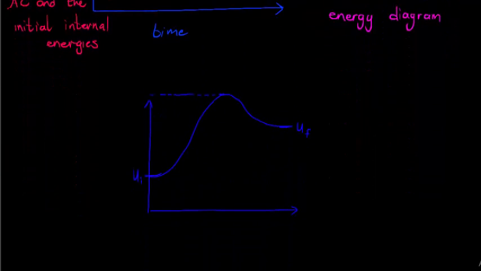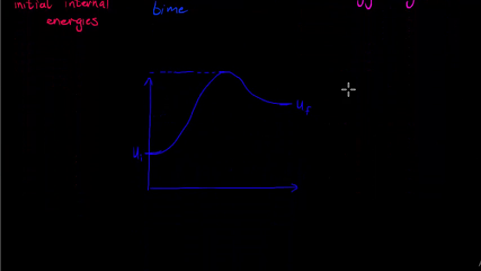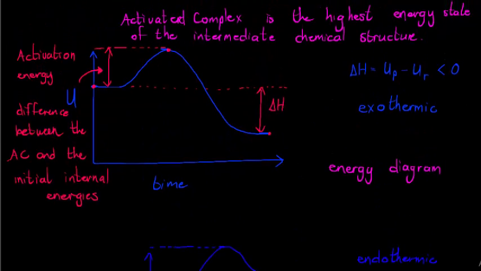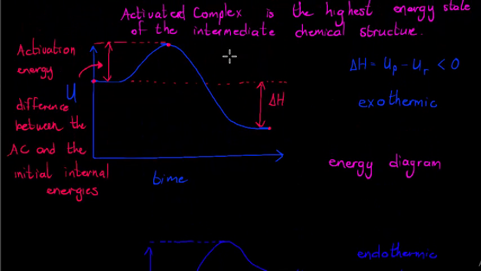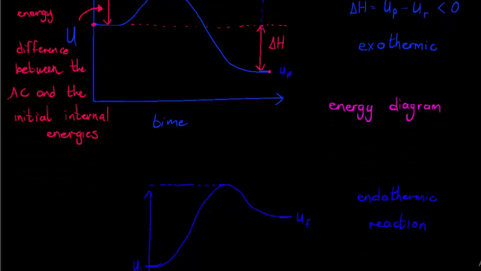Now that means that for an endothermic reaction, notice in this case that the difference between my activated complex and my final potential energies is much higher than in this case.